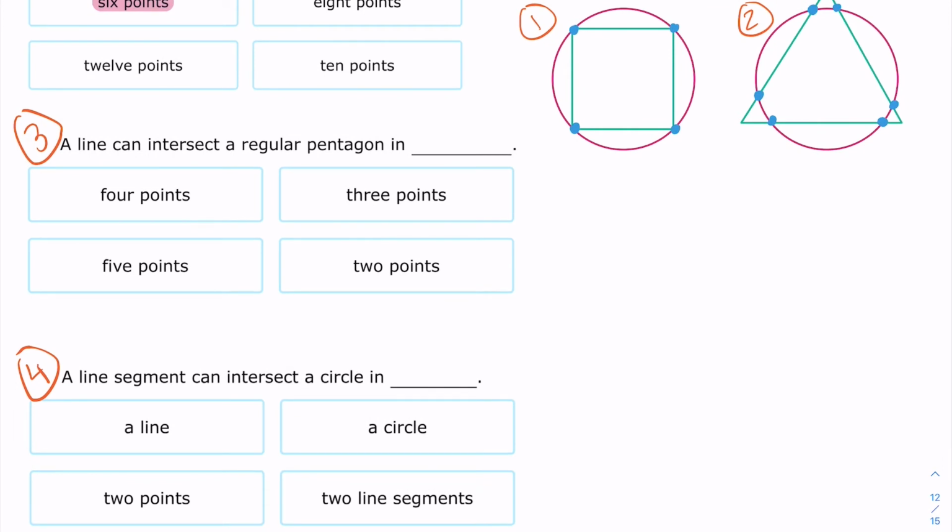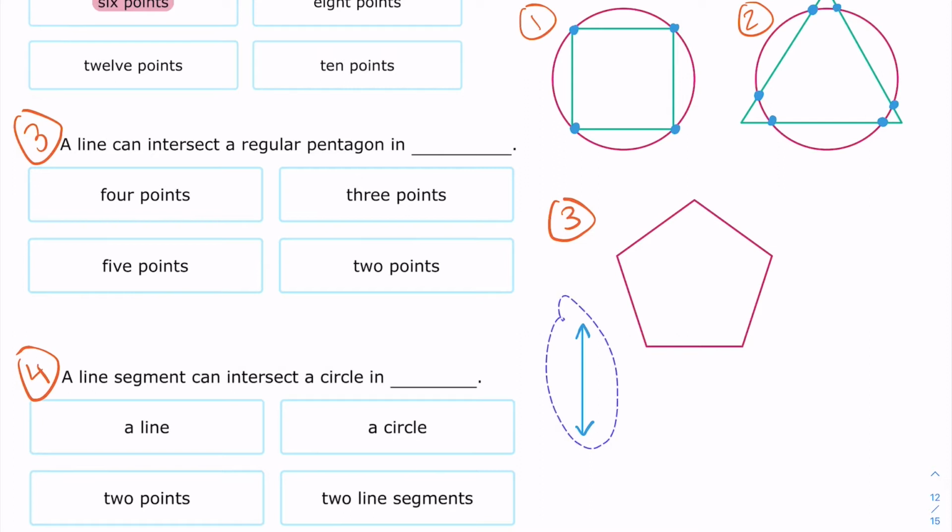So let me draw a pentagon. There's a regular pentagon. 5 congruent sides, 5 congruent angles, and now we have a line. And I'm going to draw a line. And so now I need to see how many points.